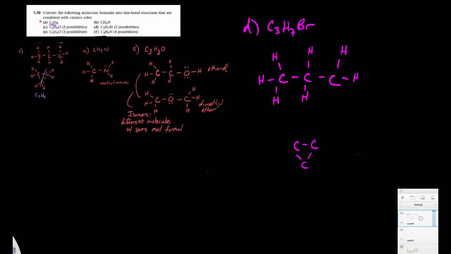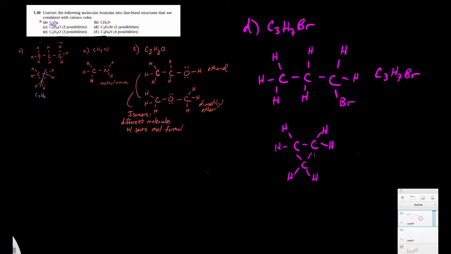And notice that there's one spot here on this carbon where we could put another bond to another atom, and here we have a bromine. So this must be where the bromine is in this molecule. So this has a molecular formula C3H7Br.